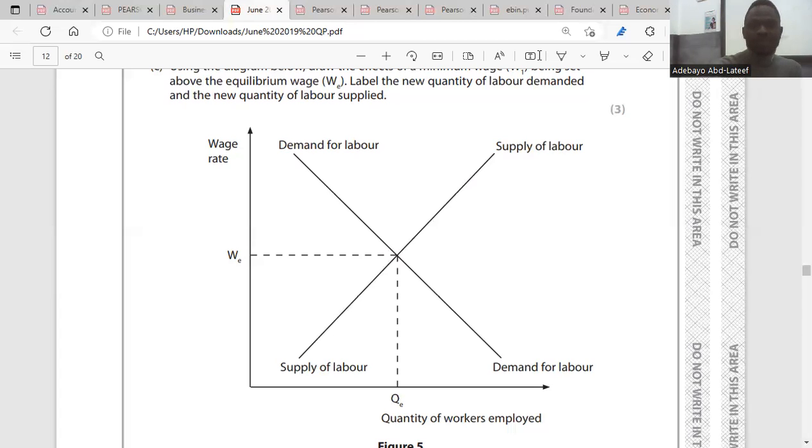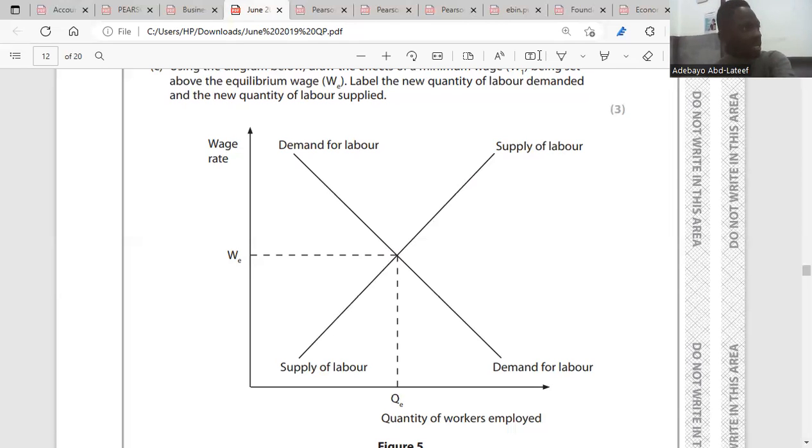The supply of labor will increase from SL to SL1. Do you understand? This is supply of labor. It will move rightward from SL to SL1. So our new supply curve will be in front of QE. So our QS will be in front of QE. Do you get it or not?